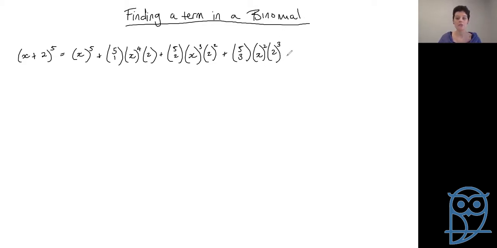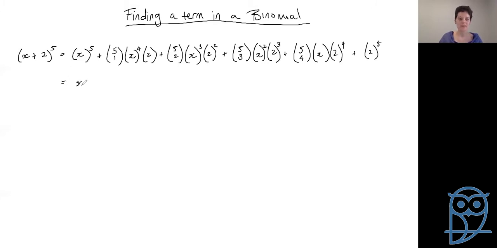Everything going in brackets to protect any signs. 5C4, x to the 1, so 2 to the 4, and then our last one is just our b position to the n.